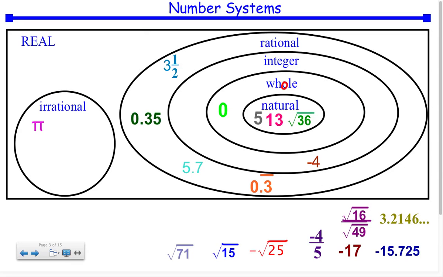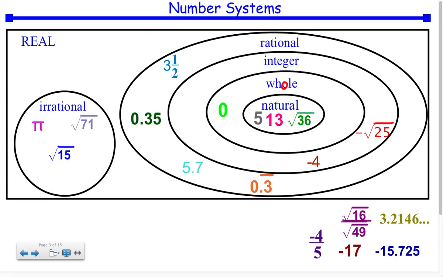Square root of 71 is not a perfect square root. Non-perfect square roots, meaning a number times itself, you can't get 71, they go under irrational. Square root of 15 is not a perfect square root, so that goes there too. Now square root of 25 is 5, but we have that negative sign in front, so that's negative 5.